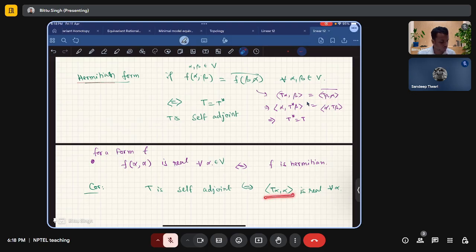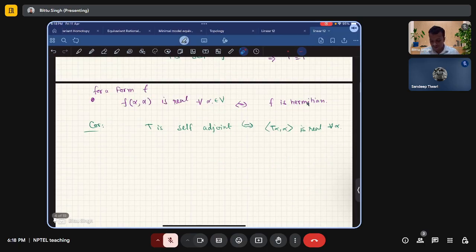Since f of alpha beta can be written as T alpha comma beta, f of alpha comma alpha being real is equivalent to saying T alpha comma alpha is real. Those are some important facts.